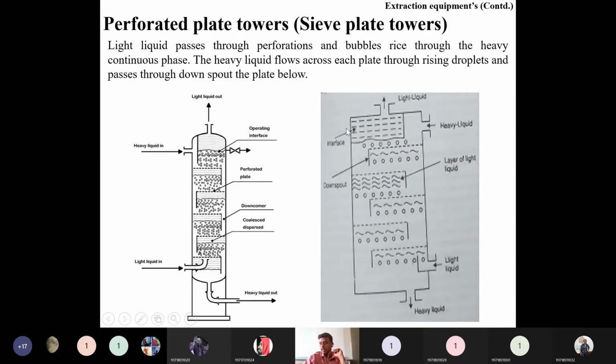Once again, the heavy liquid has to travel from here to here without any plates. If you consider, this will be around 5 centimeters. But now with the plate arrangement, the heavy liquid's traveling path is such that it has to come and fall here, travel in this direction, and fall like this.